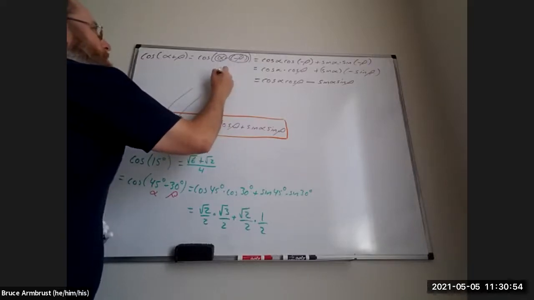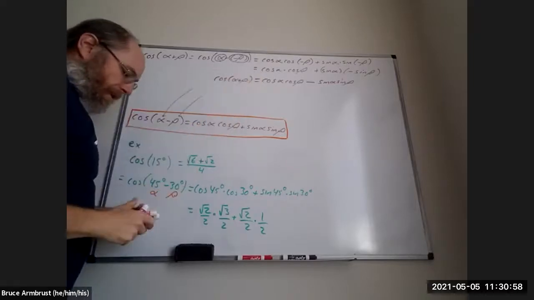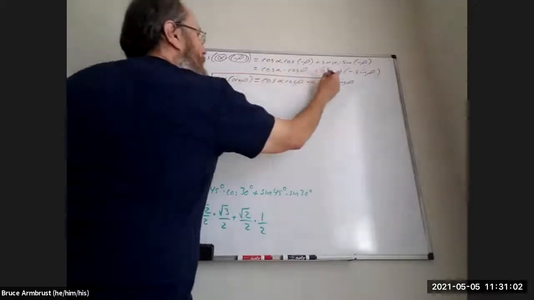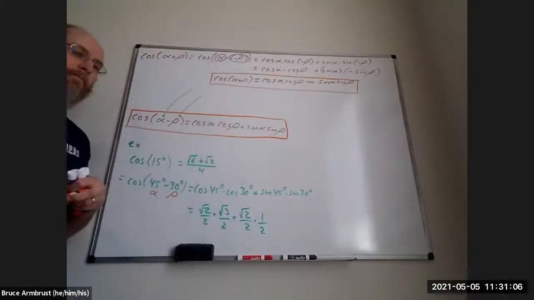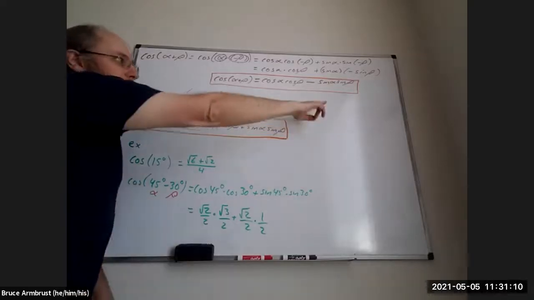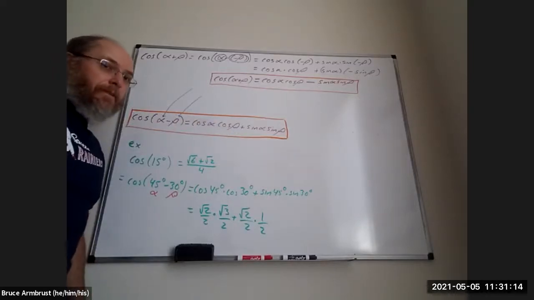All right, so we're going to go ahead and put a box around this because this is the identity for the sum of angles for cosine. So if we add two angles together, we have to put it into this formula. Why is it that way? Well, because of the even and odd properties of sine and cosine.